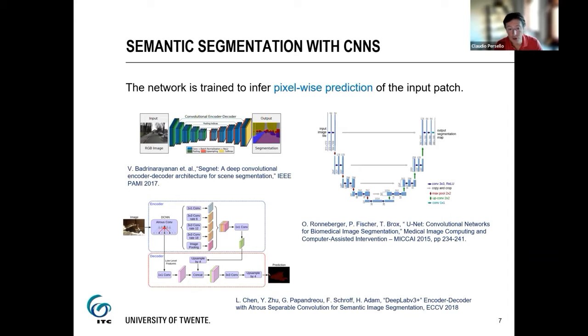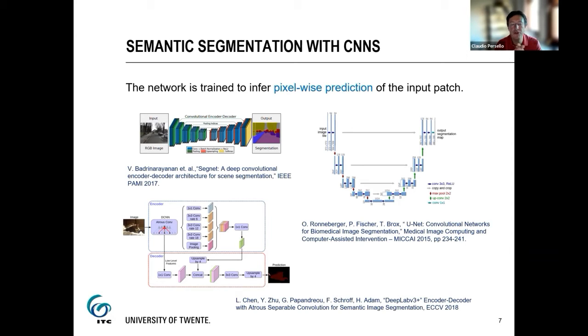And then nowadays, or in the last, let's say 5 years, we have seen a lot of research going on in this field, and several network architectures have been developed for this aim. And here I would like just to mention 3 of them among the many. They are quite popular. The first one is SegNet, then we have UNet.